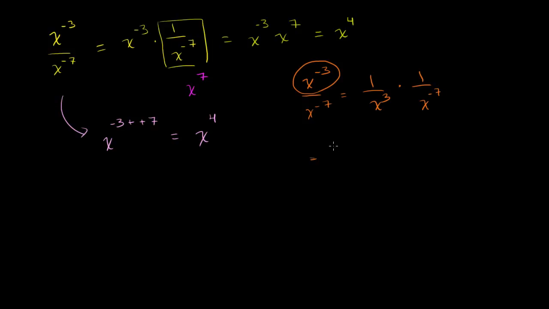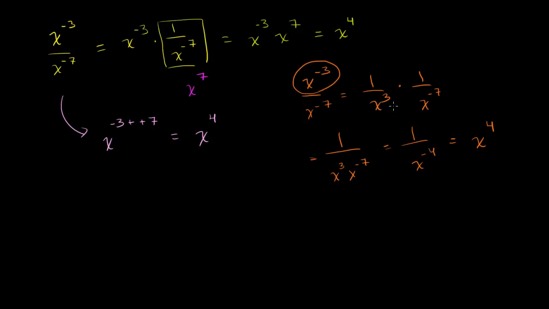So this would have been equal to 1 over x to the third times x to the negative 7. You can add the exponents. So that's equal to 1 over x to the 3 minus 7, which is x to the negative 4. And then if we take the inverse, we can put a negative in front of this negative, making it a positive. This is going to be equal to x to the 4. So no matter how we did it, as long as we're consistent with our rules, we got x to the 4th.